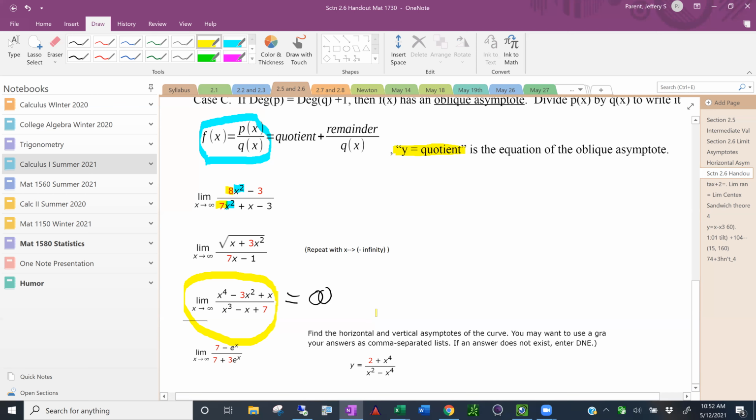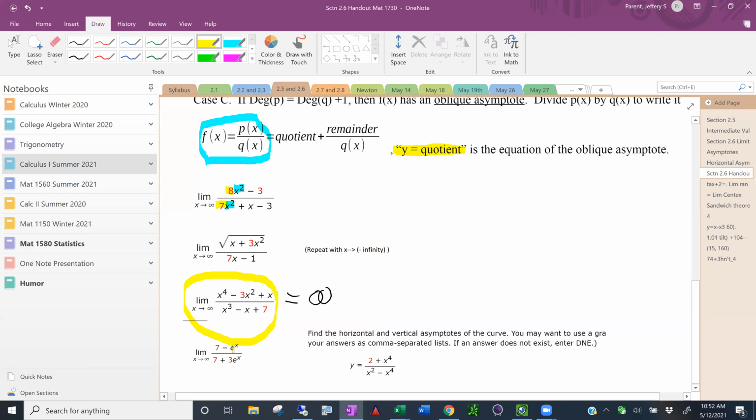Let's see if we can do two more. Sticking with the theme here of simplifying these things, let's look at this one in the bottom left.